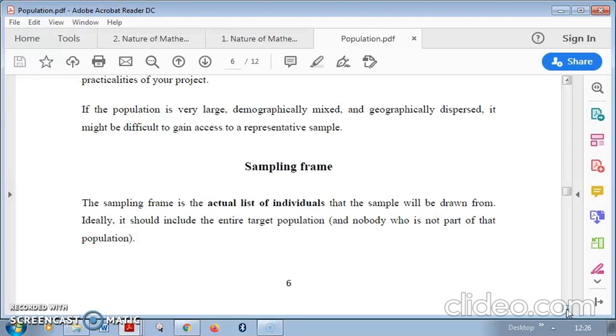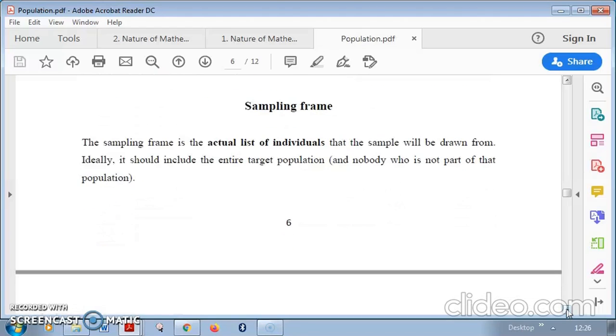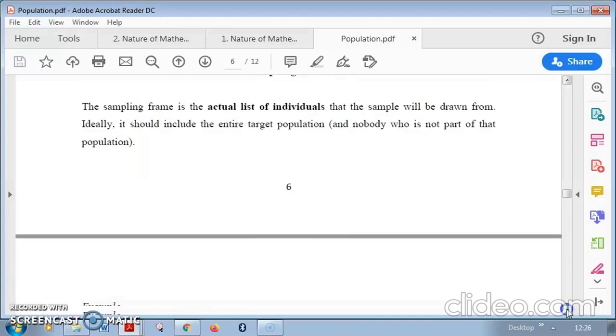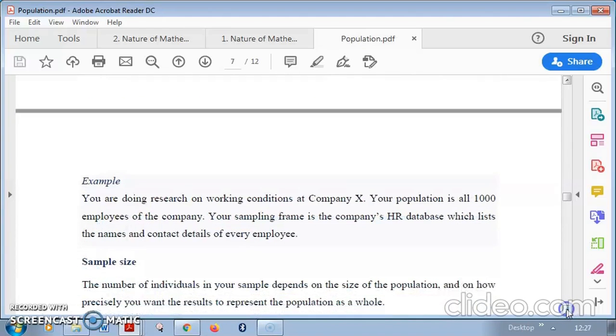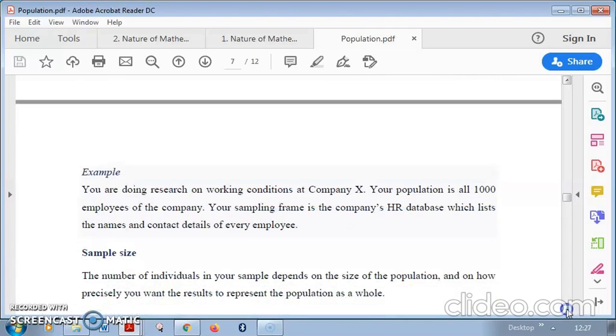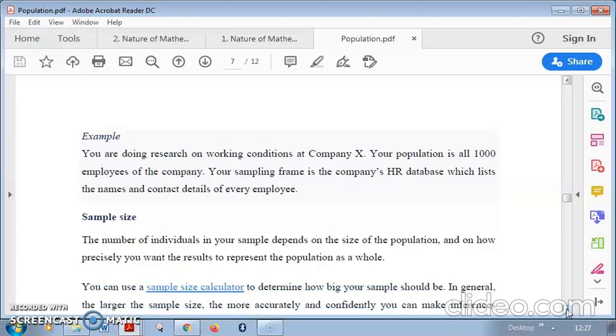Each and every student name should be there, none of them should be left out, so that if I select the sample, it will be a proper method. It will be a perfect sample for me. Scientifically, I have selected the proper sample. So in order to select the sample, I should have a sampling frame. From the sampling frame only, I am going to select the sample.